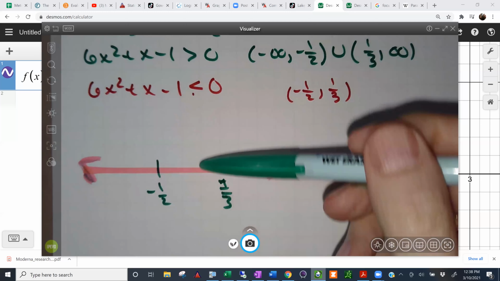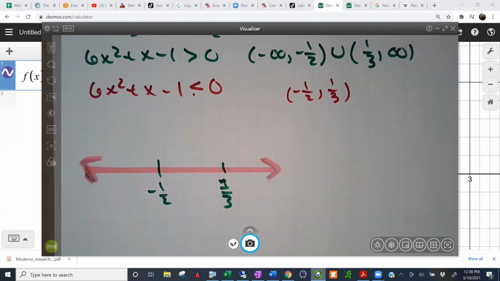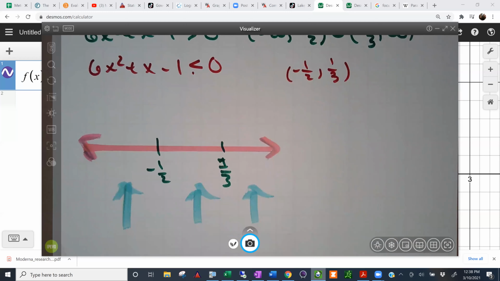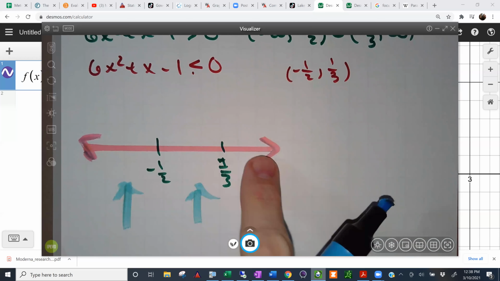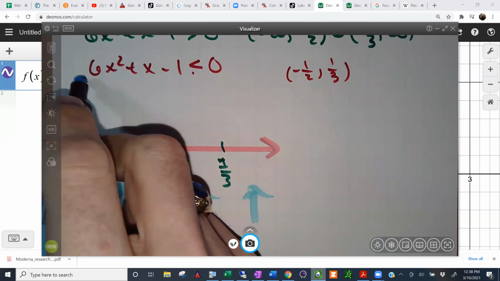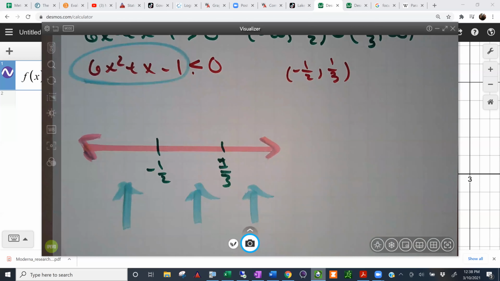I just need to know where it's positive and where it's negative. So I'm going to test some points in between here, and just see where the values of x make the expression positive, negative, or positive. So we're going to look at that expression and test some values of x.